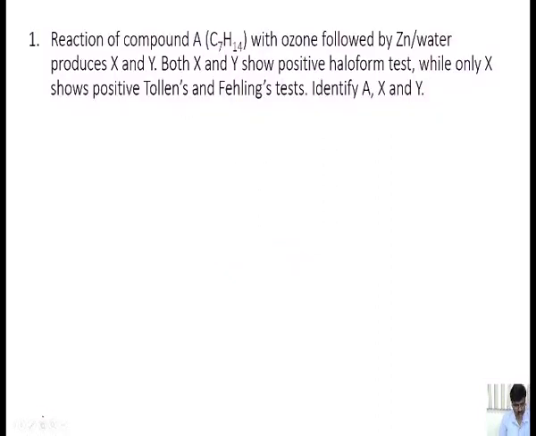So let us begin with the reaction of compound A with ozone followed by zinc and water, which produces X and Y. Both X and Y show positive haloform test, while only X shows positive Tollens and Fehling's test.